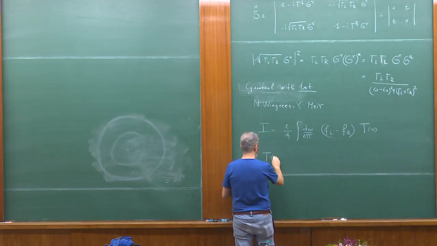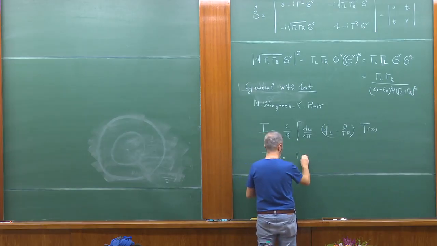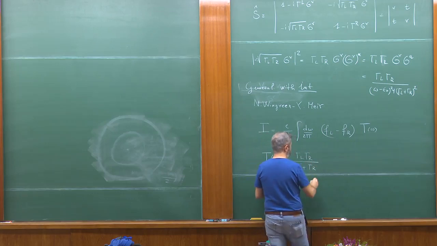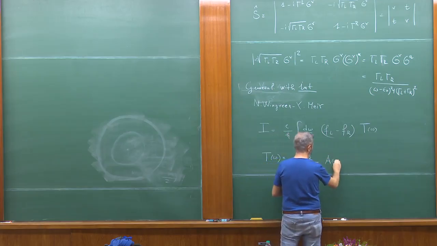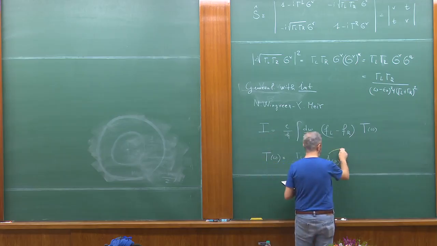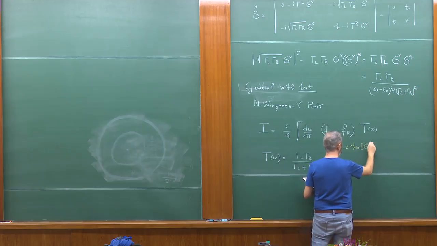T of omega is equal to gamma left times gamma right divided by gamma left plus gamma right, times A of omega. A of omega is the spectral density, what I defined yesterday to be minus twice the imaginary part of G retarded.